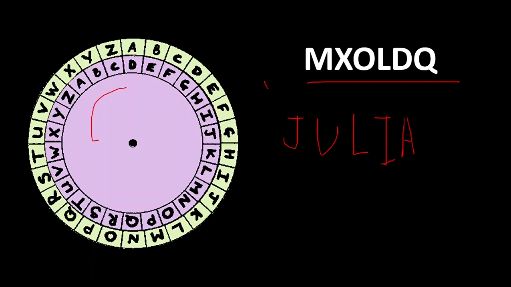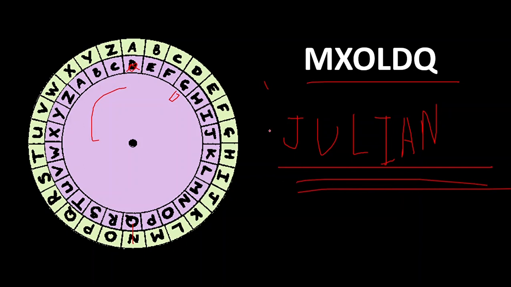D becomes A because it's been shifted. Initially it was here, and then 3 places, it's now here. And the purple Q turns into N. That's the plaintext. We've already decrypted it.